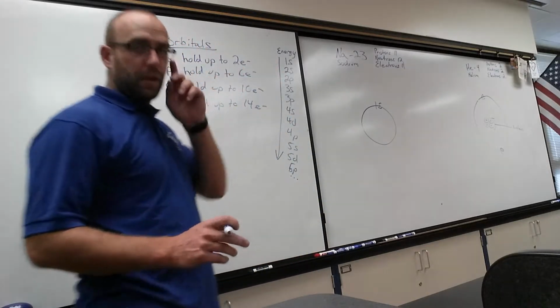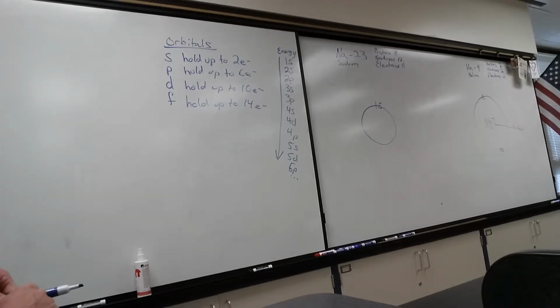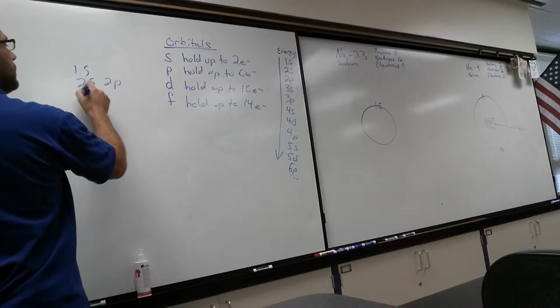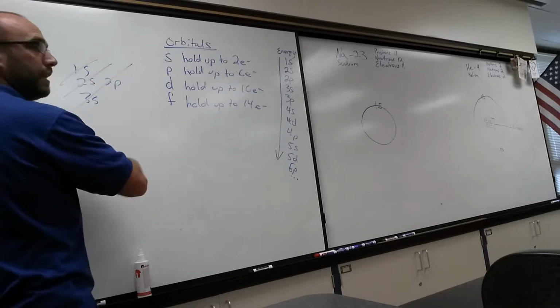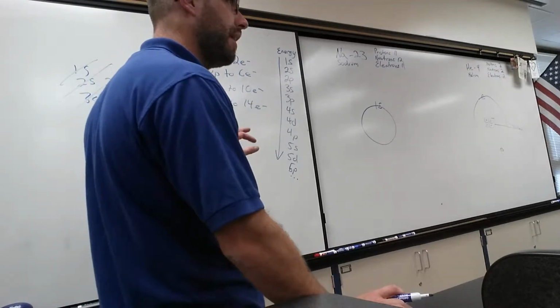Now, we're going to learn how to modify this slightly tomorrow or the next day, but we're going to start with this. And you will not have to memorize that order because you'll be able to look at the periodic table and know it. Haley, you probably learned to go diagonal, yes? So you probably learned that, yes? Okay. So what we're going to do is break it down into further detail than that.